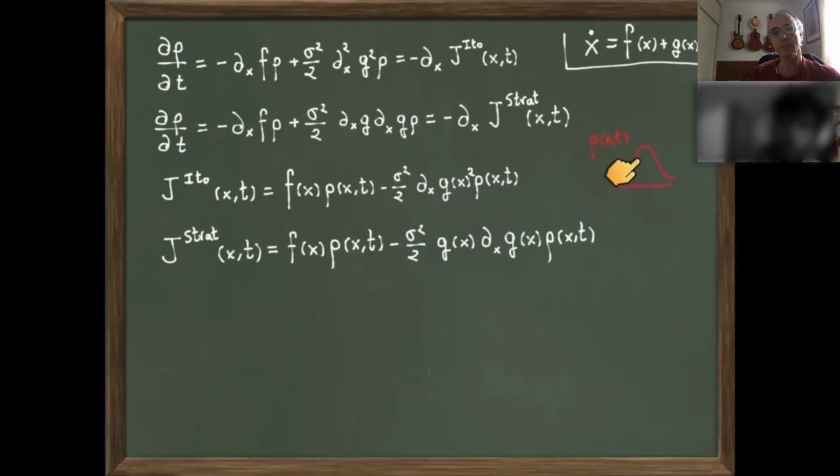So if rho is an increasing function, the derivative is positive, and sorry, here it's negative. The derivative is negative, so the current is positive because of this minus sign. So the current points to the right, and here the current points to the left. So this term is responsible for currents that are diffusive currents. So they try to make the probability density as flat as possible.